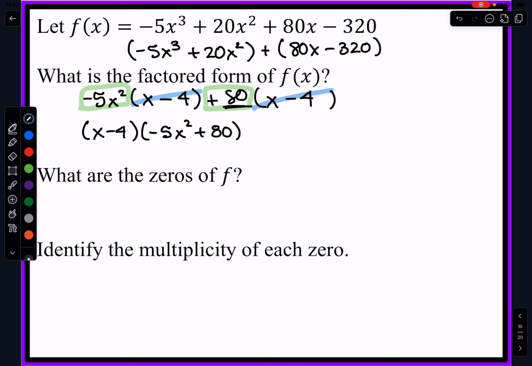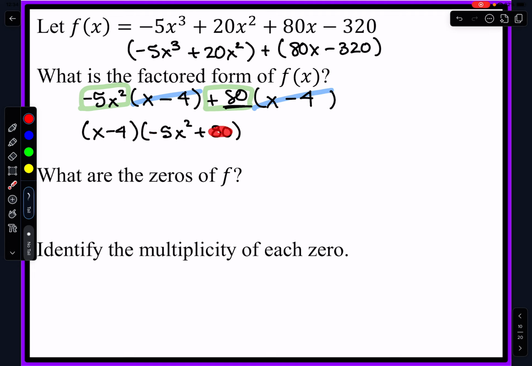Now normally we should have a situation where we can factor this by a difference of squares. But we have a problem. First of all, this doesn't have a perfect square root, neither does this one, and instead of subtracting, we're adding here. But I do notice that I have a negative 5 in the front of this term there.